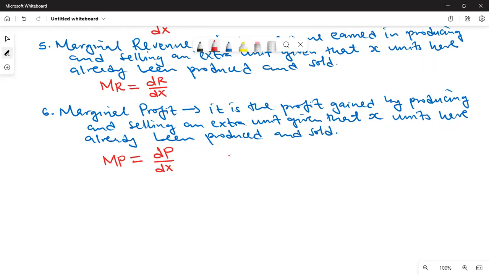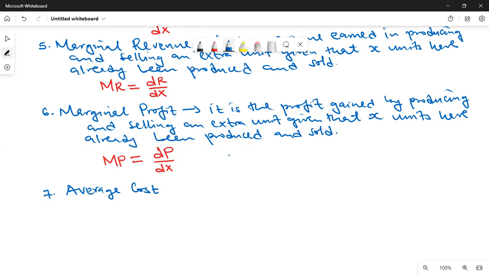Apart from the marginal cost, marginal revenue, and marginal profit, we also have what you're calling average cost. Let's talk about average cost. That's number 7. Now, when we talk of average cost, say for instance you have produced 10 units of a commodity. You're going to sell these units at different prices, or you can even decide to sell them at the same price. But now you want to see what is the average.